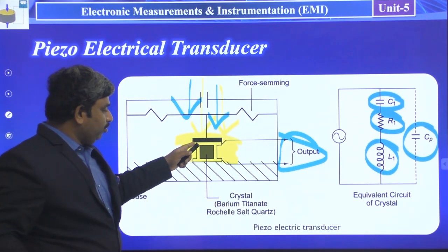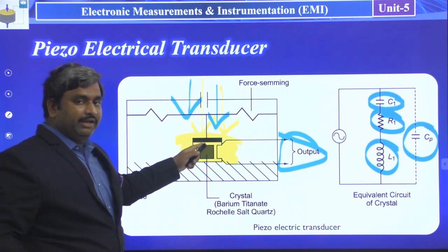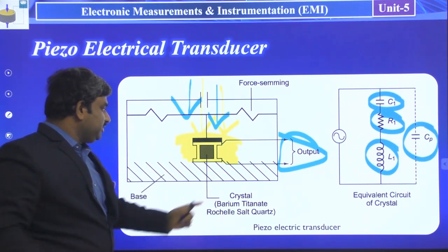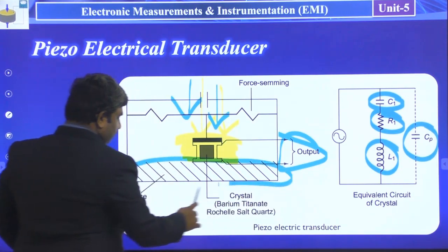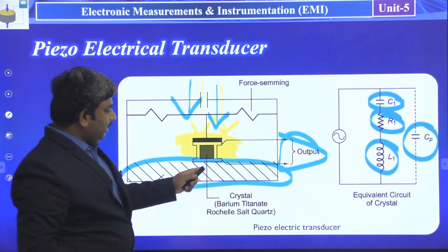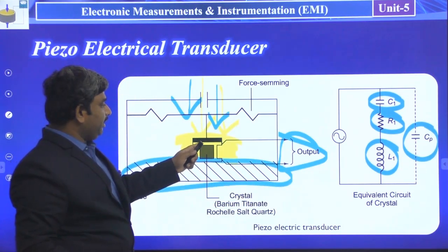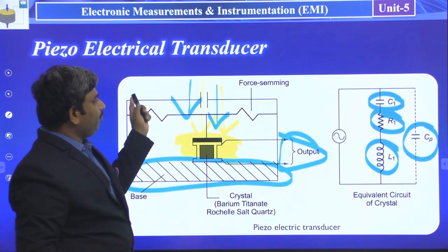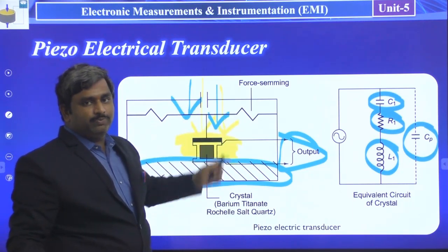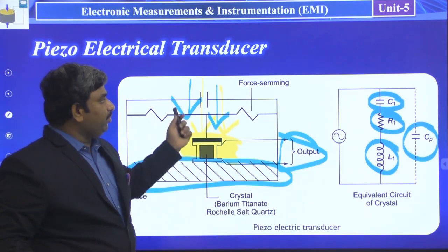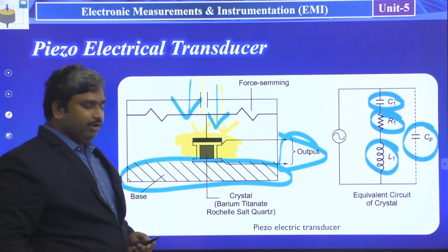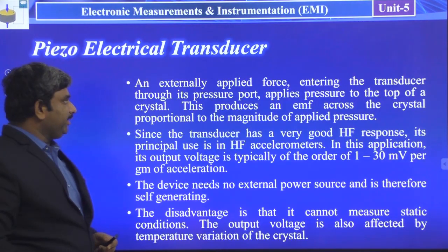This is the material formed with Rochelle salt and barium titanate, and this is the base of the material. On this base we have placed a piezoelectric material, and on this piezoelectric material we keep some arrangement for adding the force, that is the force summing arrangement. Now we will see the theoretical explanation for this one.